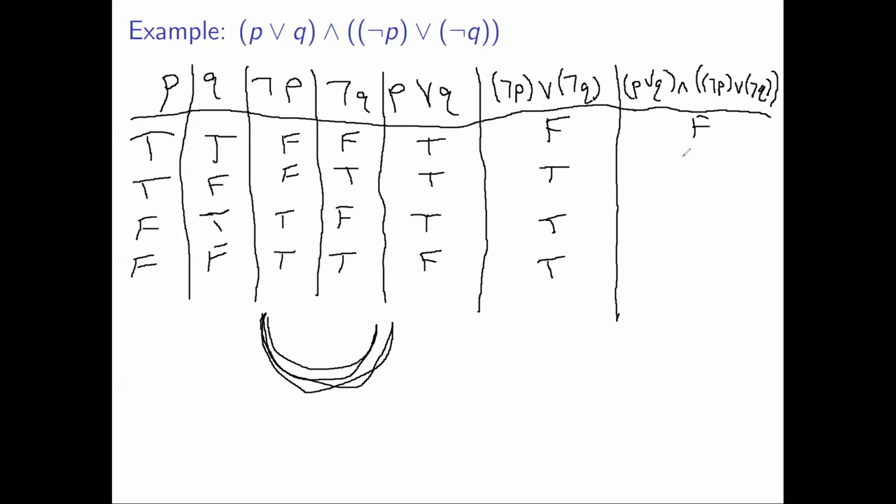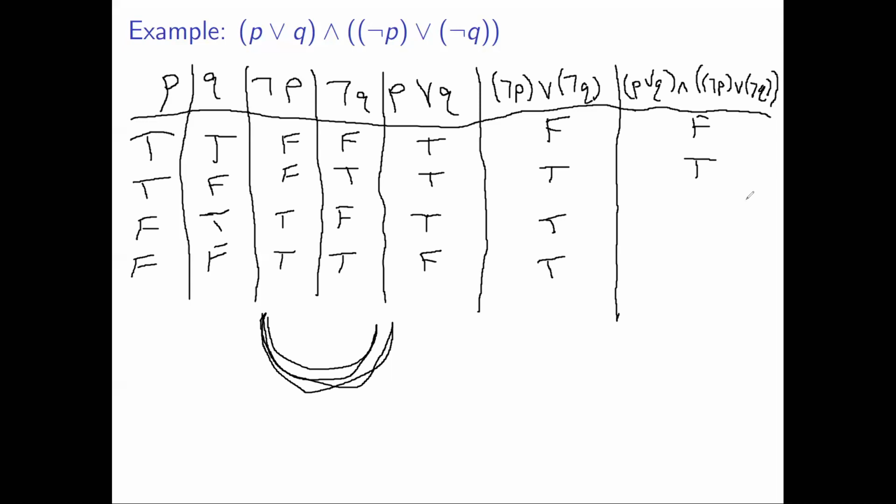Second row, the left conjunct is true. P or Q, that's true. The right conjunct is also true. So the second row, the conjunction, is going to be true. And in this example, we were checking whether or not it was a contradiction.